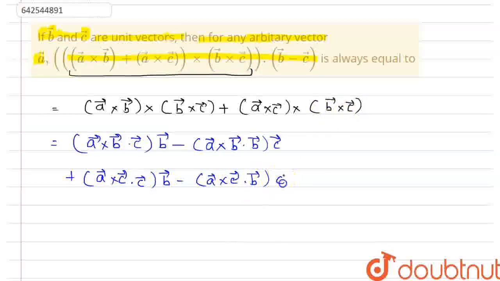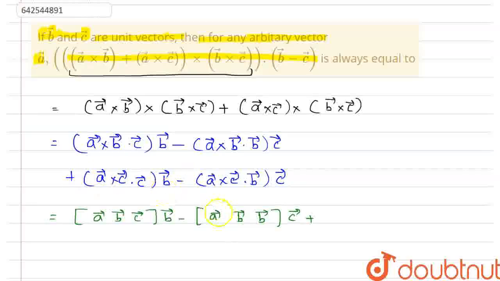Now this is the scalar triple product of ABC, that is a vector, b vector, c vector times b vector, minus this is the scalar triple product of a, b and b, that is a vector, b vector, b vector times c vector.